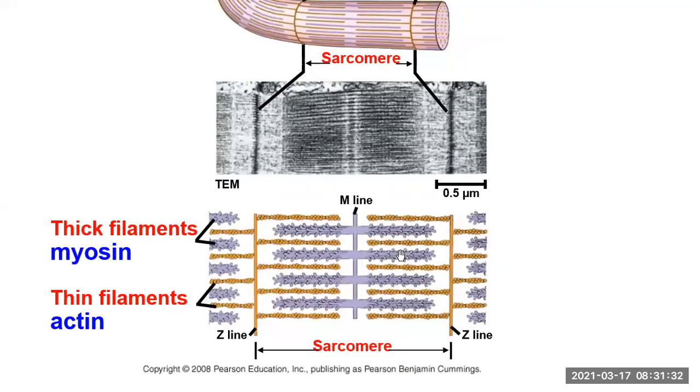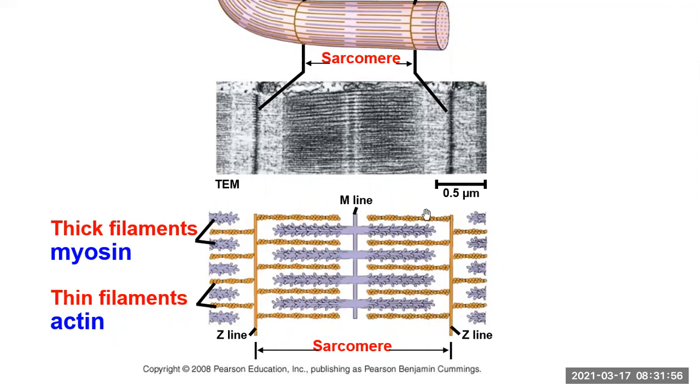It pulls the Z line with it. So that brings the Z lines closer to each other. Do you imagine it? When the Z lines come closer toward the M line, does that make the sarcomere shorter or longer?